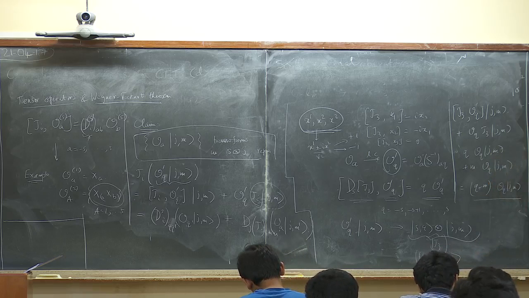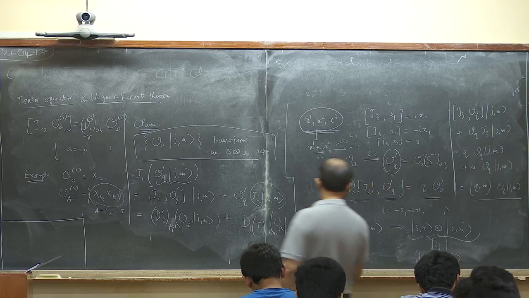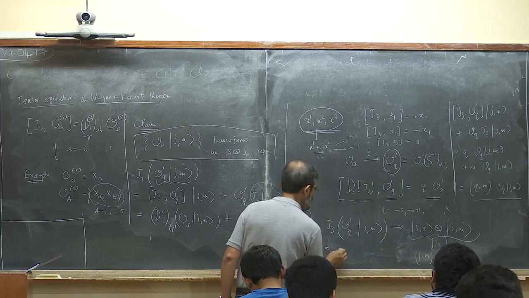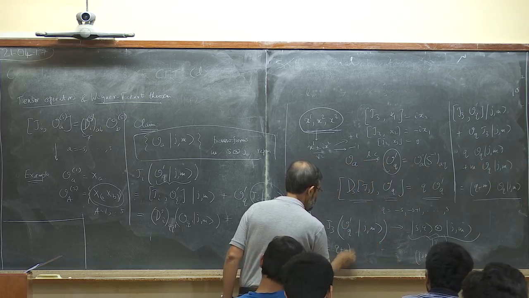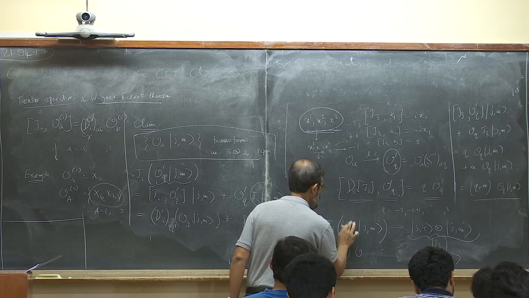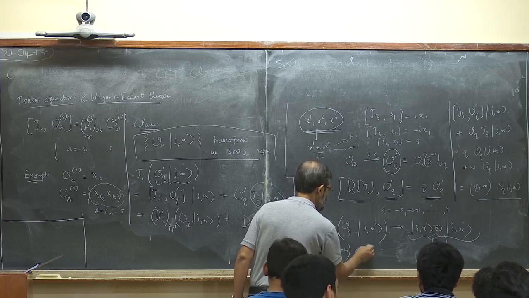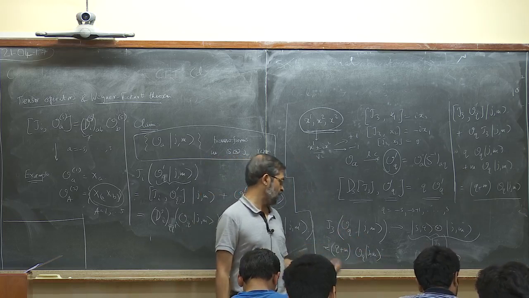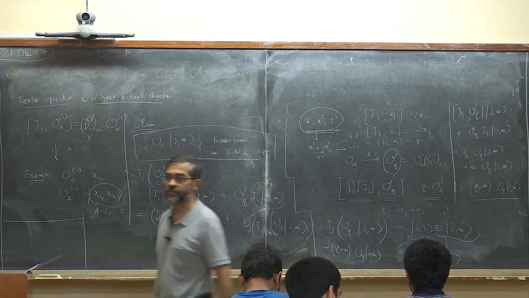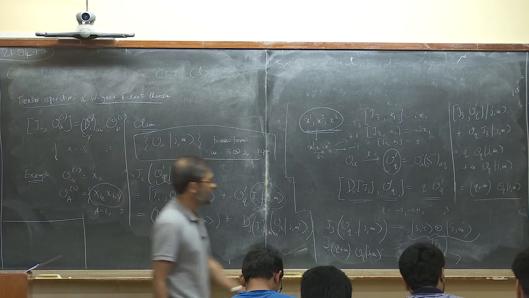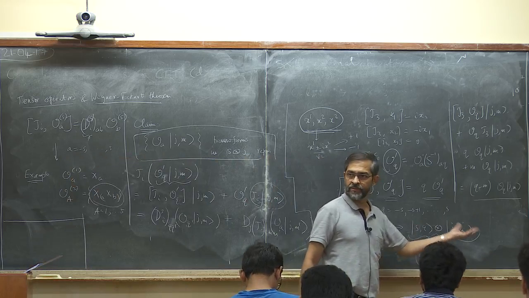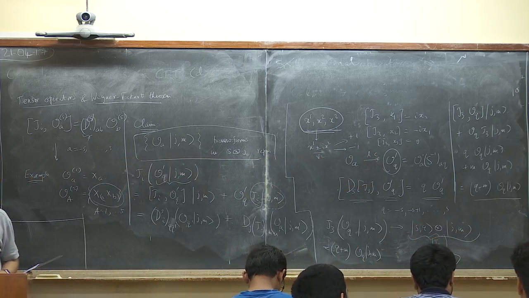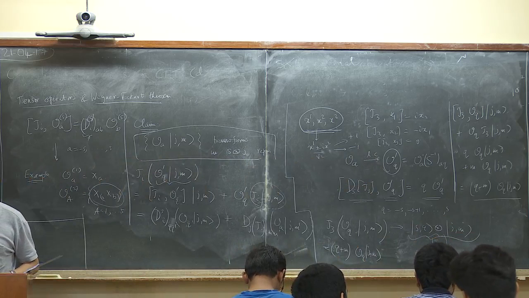So what have I got? I got that J3 acting on this animal just gives me back an eigenvalue, namely Q plus M, and I have dropped primes. So this state is an eigenstate of J3 with the eigenvalue Q plus M, just like this guy. I leave it as an exercise to show that J plus and J minus also do the same thing. Okay, good.